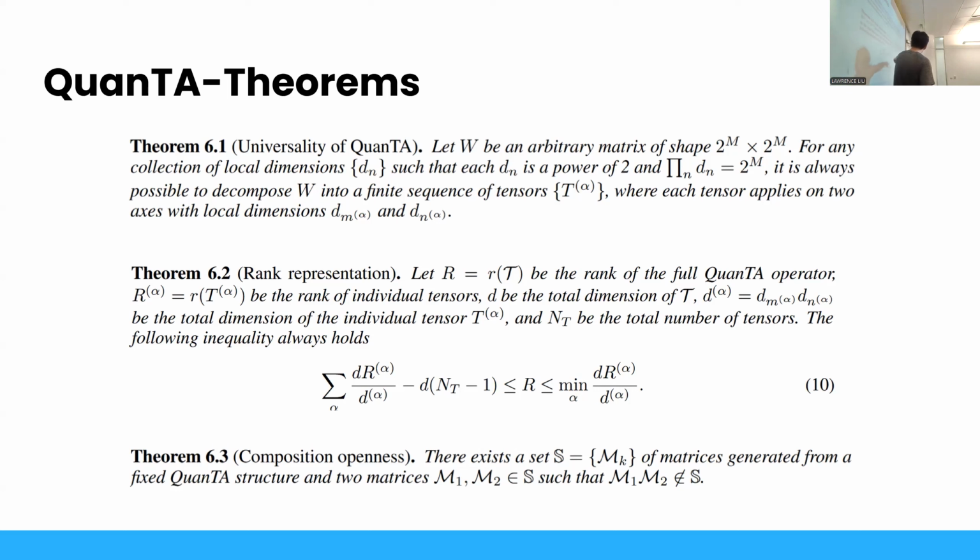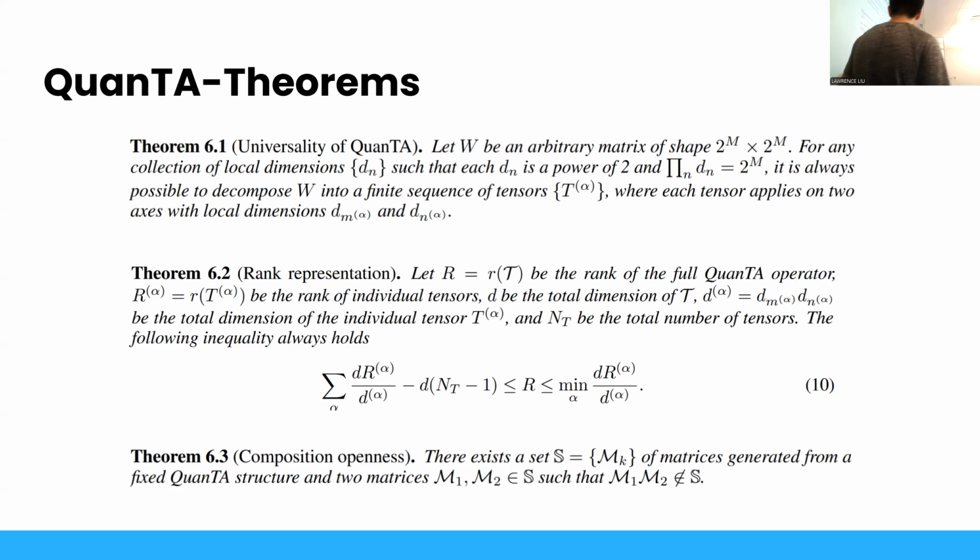The interesting thing about the upper bound is if R alpha, so the rank of our individual weight tensors, is equivalent to D alpha, their dimension, then it means that R is upper bounded by D. So what it means is that if each of the tensor operators themselves are full rank, then the overall rank of your adapter will also be full rank. So this is what allows for full rank updates, even with much lower parameter counts.